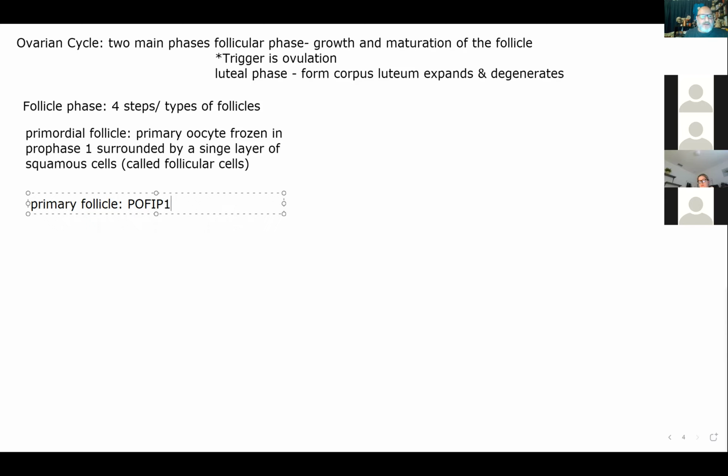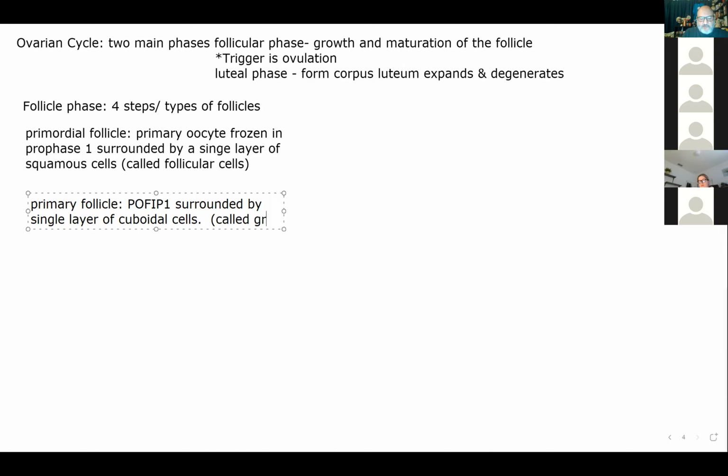Well, here, I'll put the number. There you go. Totally cheat, but that saves me from having to write it out. But what is different is what it's surrounded by. What's it surrounded by now? Cuboidal granulosa cells. Yeah, a single layer of cuboidal cells. And they are, again, called granulosa cells.